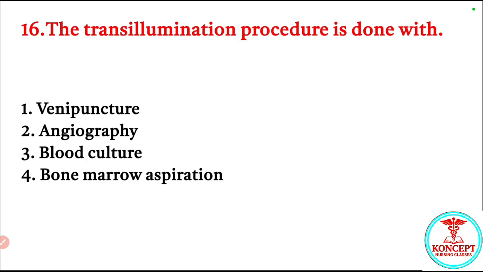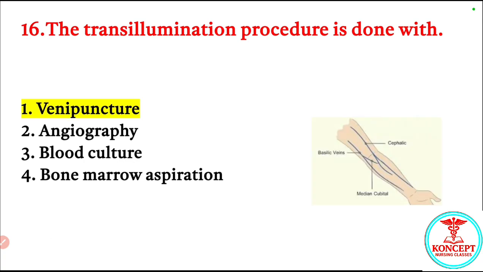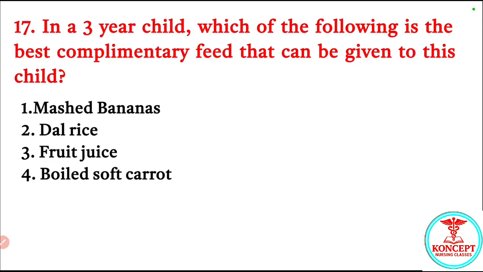Next, the transillumination procedure is done with. Correct answer is option 1, venipuncture. Next, in a 3-year child, which of the following is the best complementary feed? Correct answer is option 2, dal rice.